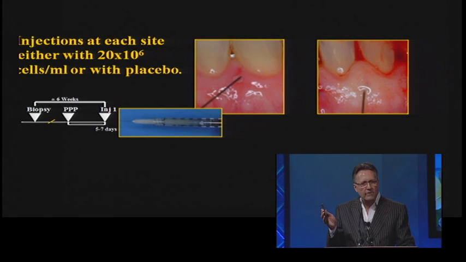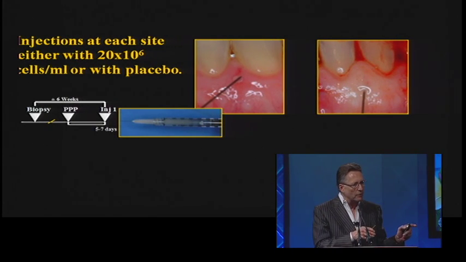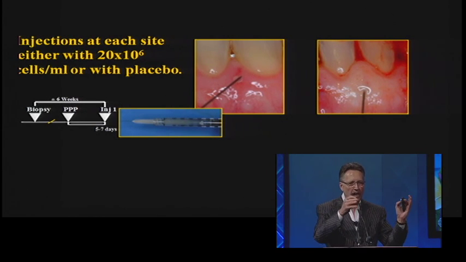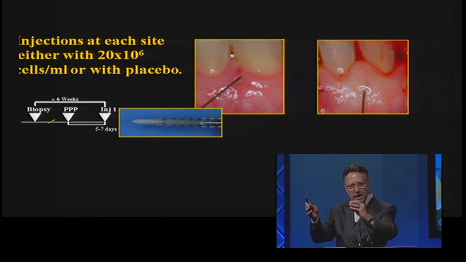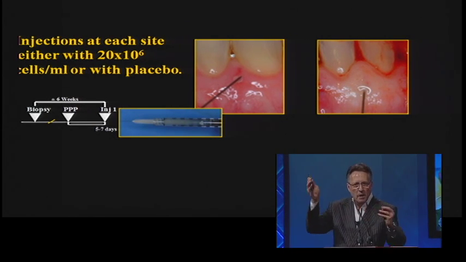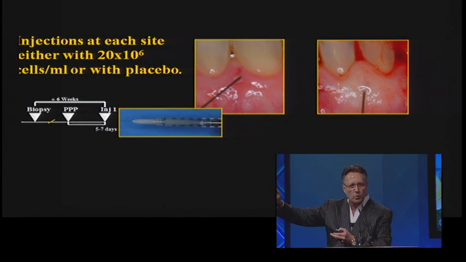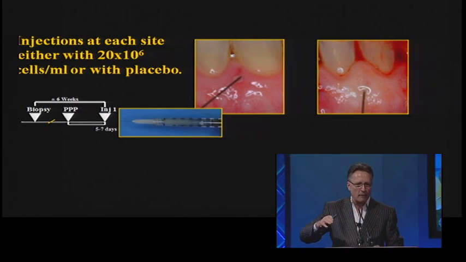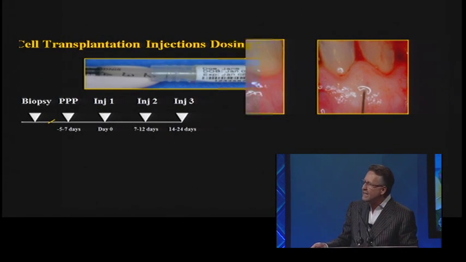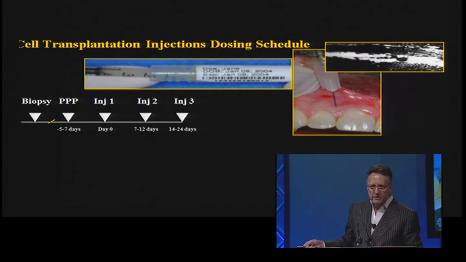And I chose 7 days because if you remember back to the wound healing cycle, at about 7 days, you're moving from the inflammatory part of the wound healing cycle to the granulation tissue formation phase. The body says, okay, fibroblasts, we're shutting down, collagen accumulation is waning, you're beginning to move into wound contraction. So I want to boost that. If the body's shutting down its own fibroblasts, I want to hit it with more, and we did that in 3 doses every 7 days.